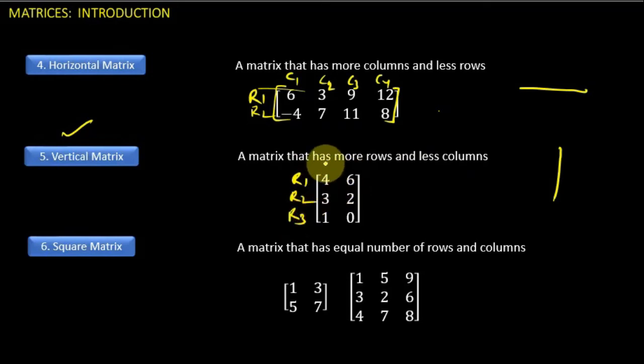Here columns are only 2, therefore it looks like a vertical line. Therefore this is a vertical matrix. Okay. Now comes the sixth type, square matrix. Square matrix means it should look like a square, a matrix that has an equal number of rows and columns.